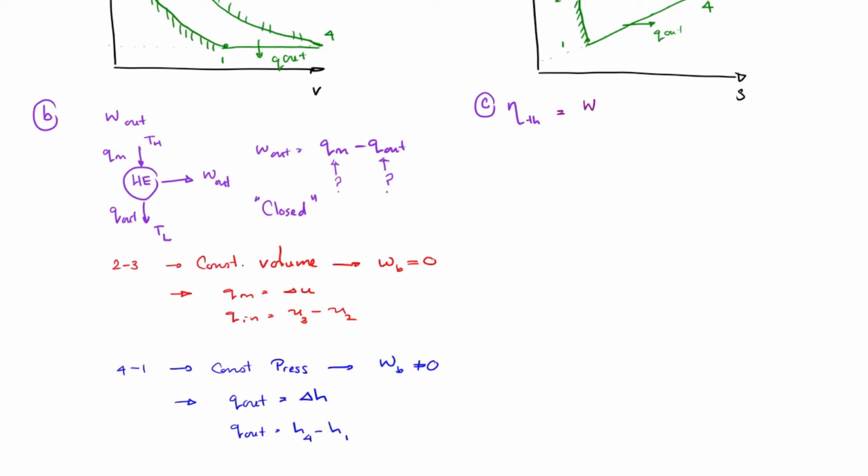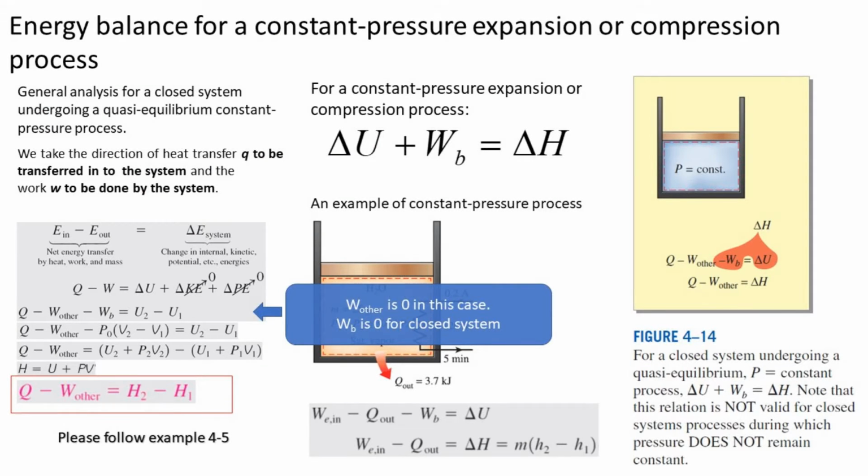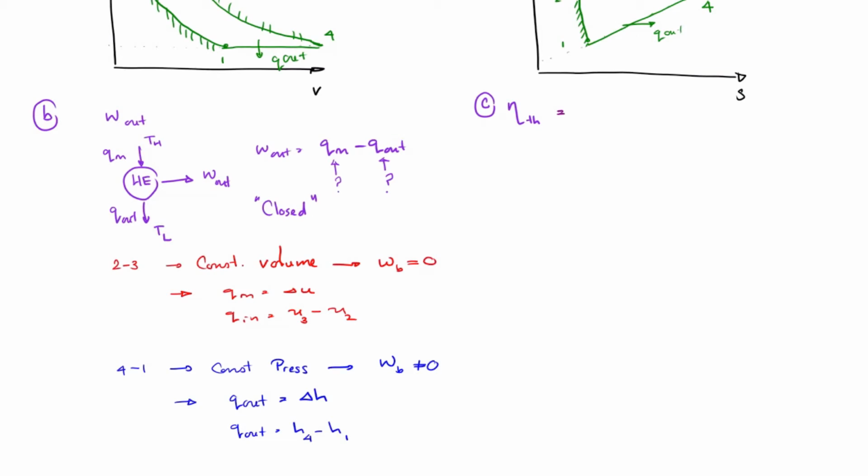If you cannot understand why I wrote Q in is equal to delta U and Q out is equal to delta H, you can revise chapter 4 where we established the idea of delta H. For part C, we have to calculate the efficiency, and the efficiency is equal to W net divided by Q in. If we find W net, we can easily find efficiency.